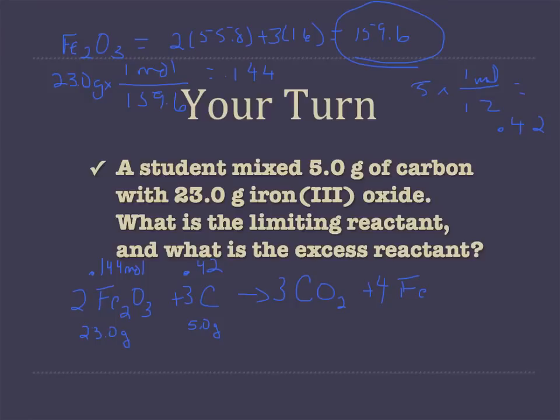So 0.42 divided by 3, I get 0.14. 0.144 divided by 2, I get 0.072. Now we look at which one is the smallest, and that would be the iron oxide. So the limiting reactant is Fe2O3, and the excess reactant would be carbon.